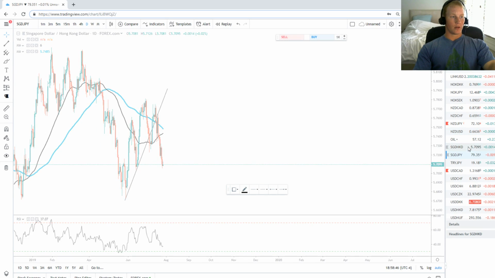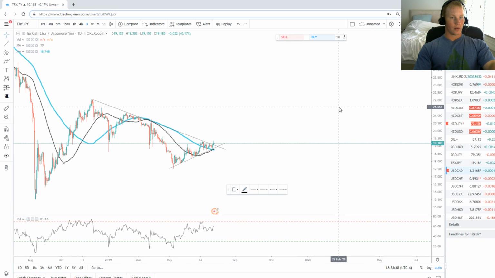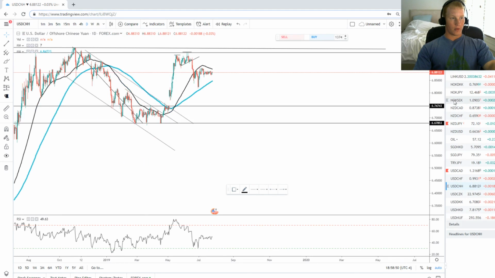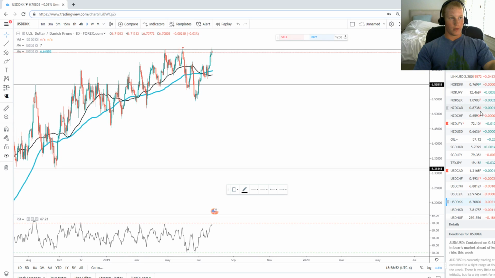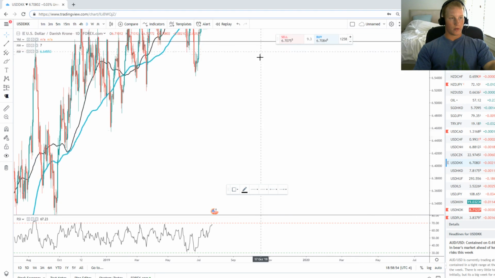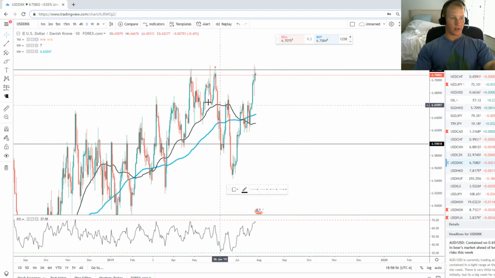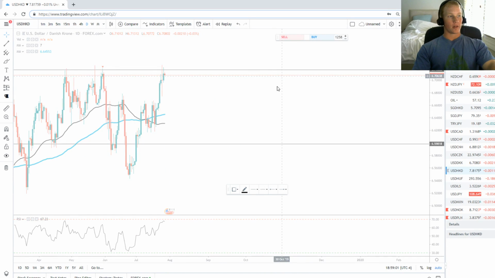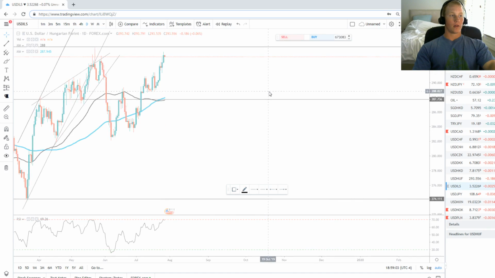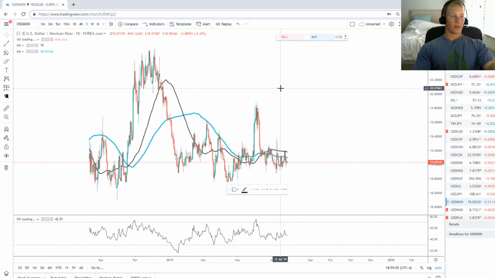Okay, SGD, HKD, USD CAD. Nope. Wait. Ooh. US dollar, Danish krone. I feel like I look at this every time and go, oh, no RSI divergence. Yeah, that's what I do. Okay, nothing there. Nothing there.